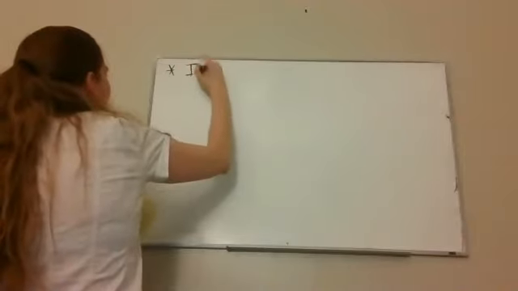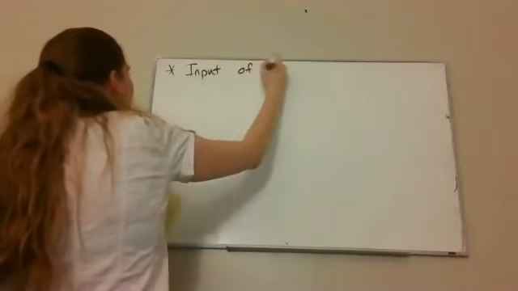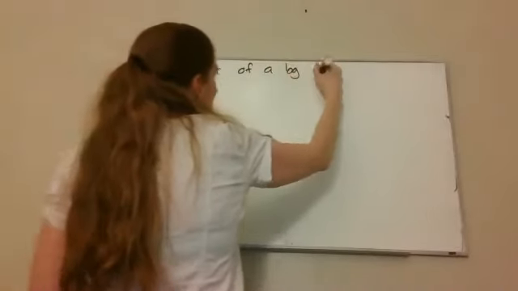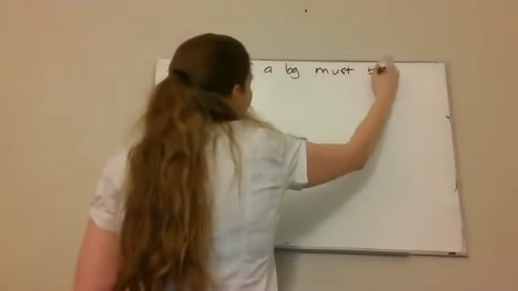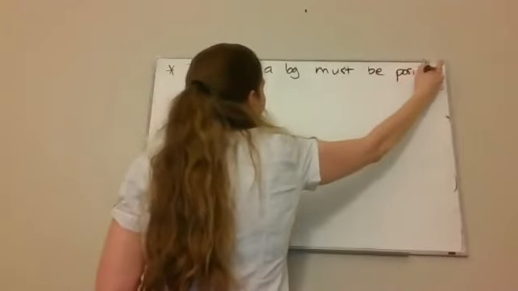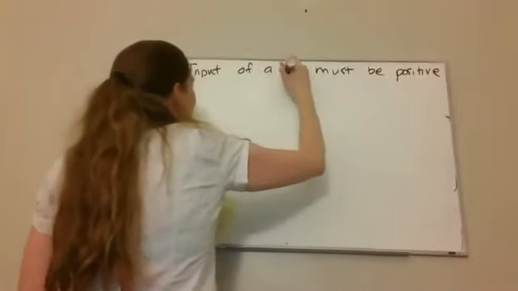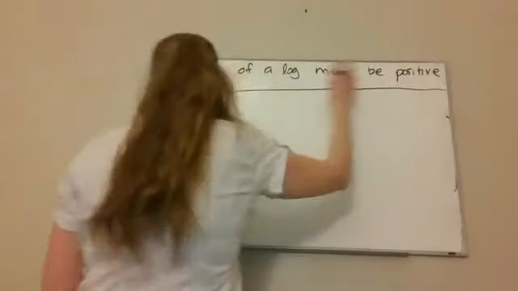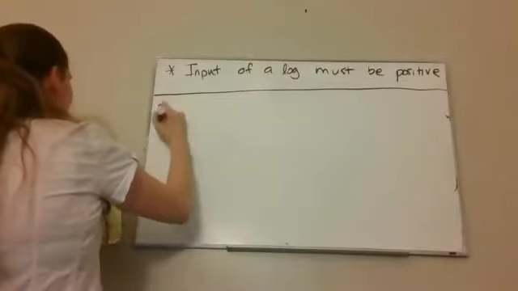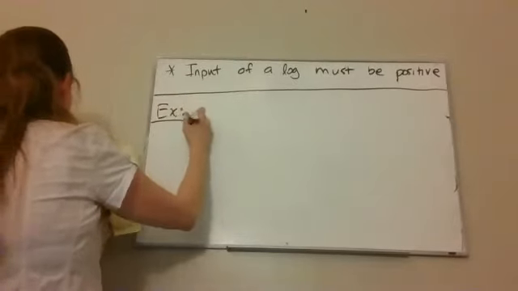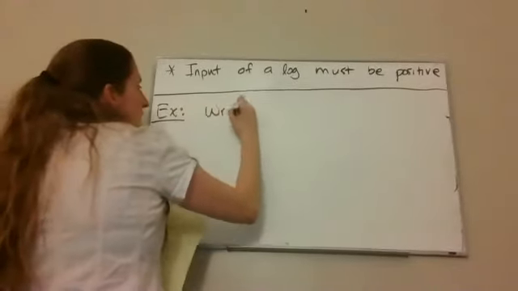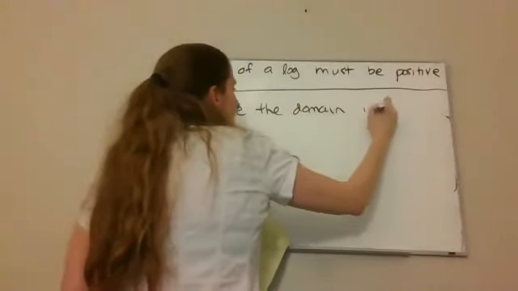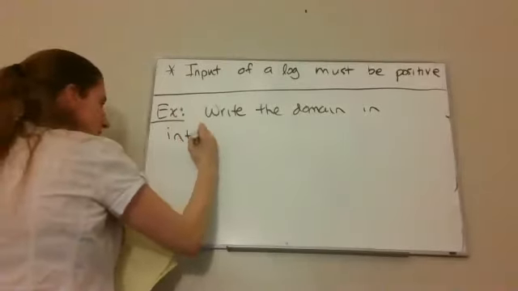So your input of a log must be positive. We're going to use that fact to find the domain of some various logarithmic functions. So write the domain in interval notation.